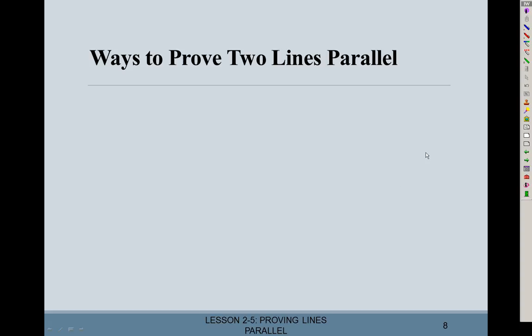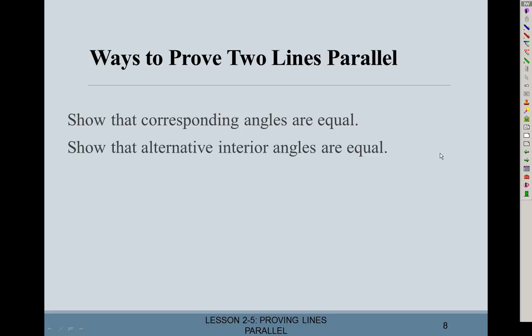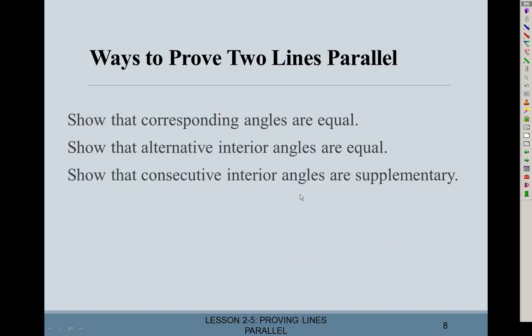So how do we prove two lines parallel? We can either show that the corresponding angle measures are equal, or show that the alternate interior angle measures are equal. We could show that consecutive interior angle measures are supplementary. That's the same side interior.